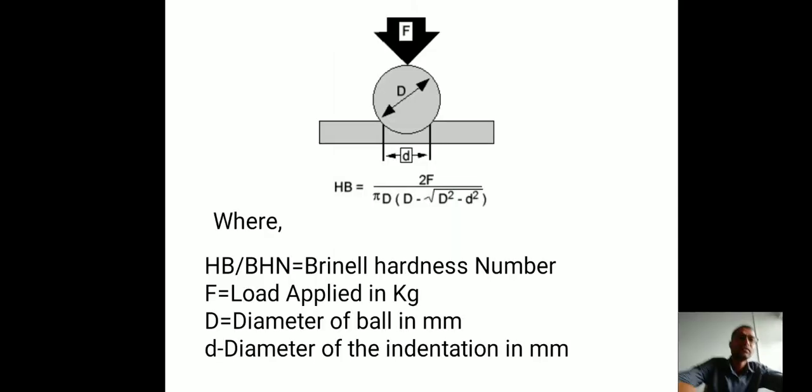So see here how we can check the hardness of the material. So friends, this is your test specimen, the flat one, on which capital D indicates the diameter of the ball indenter, correct, and F indicates the load or force applied on that indenter, correct?